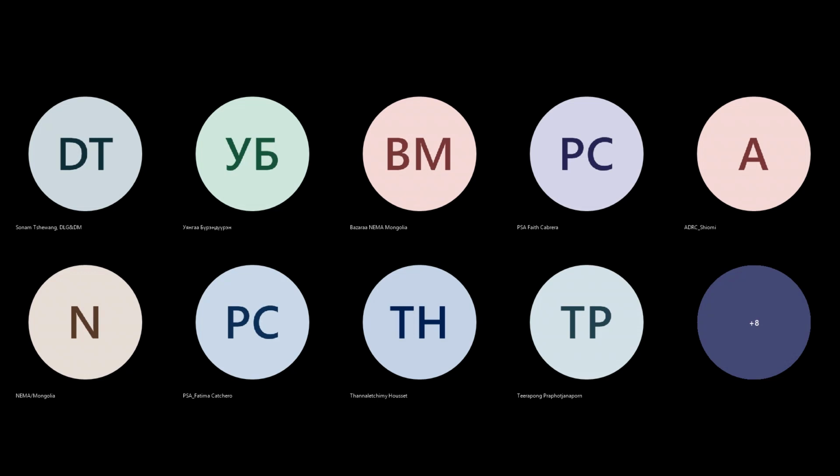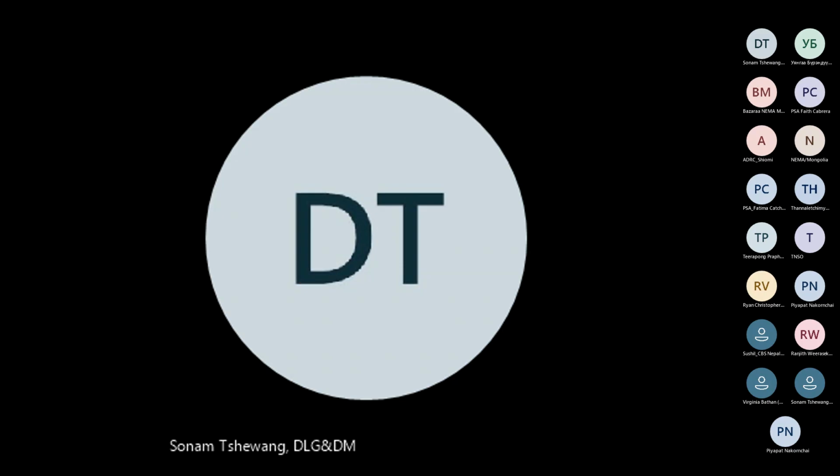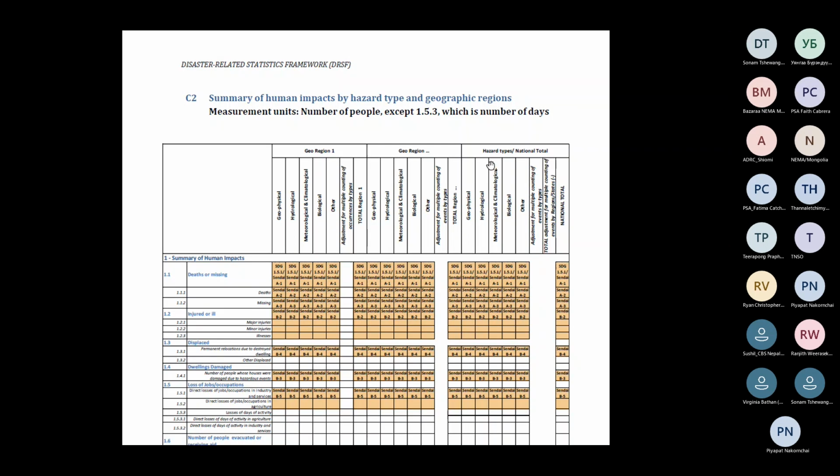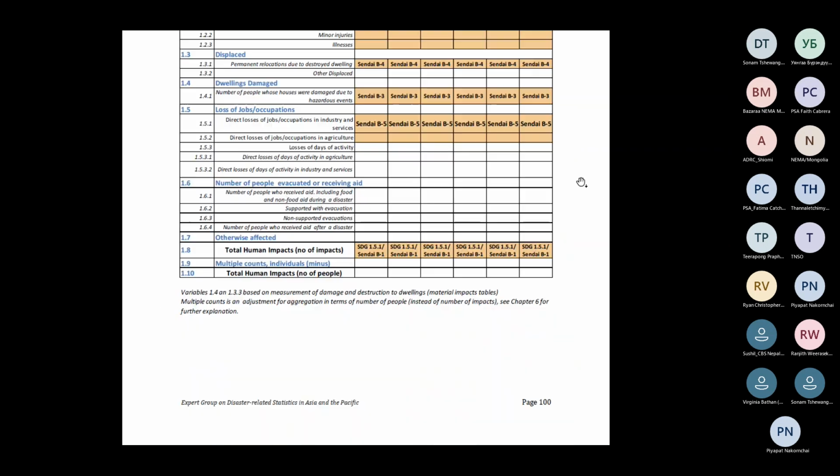So the next round of the table review would be centered around human impact statistics. And we are talking about table C1, C2, and C3. C1 is the human impact statistics by types of hazards.